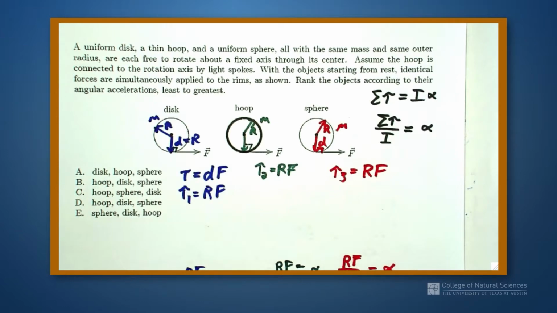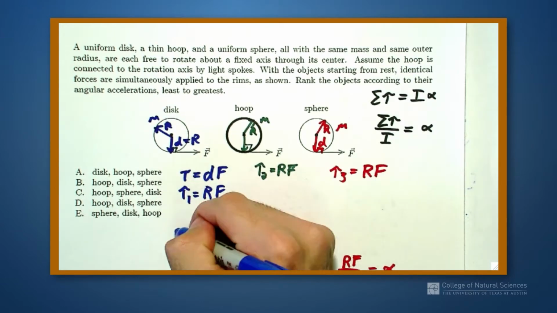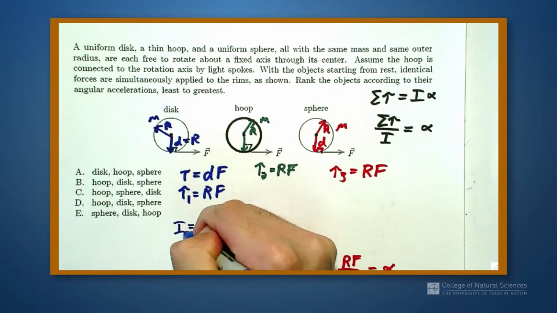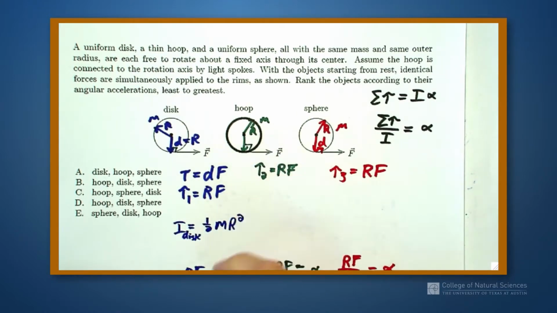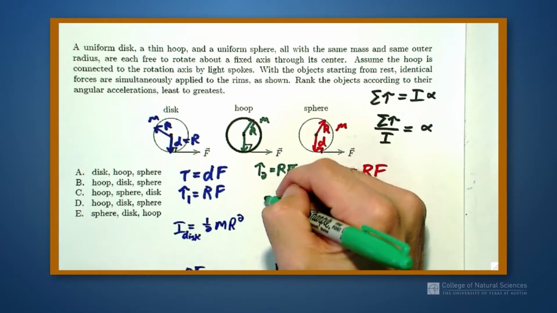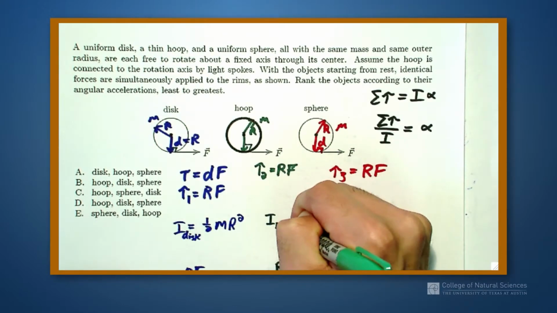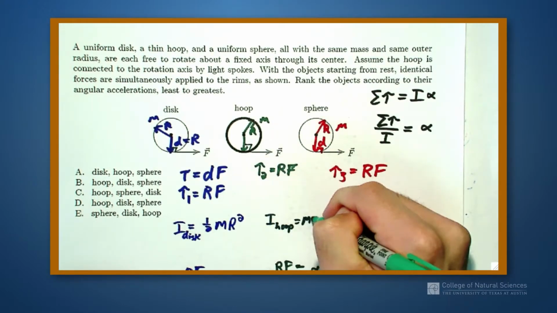I remember that the moment of inertia for a disk is equal to 1/2 m r squared. With the hoop, I know that the moment of inertia of a hoop is equal to m r squared.